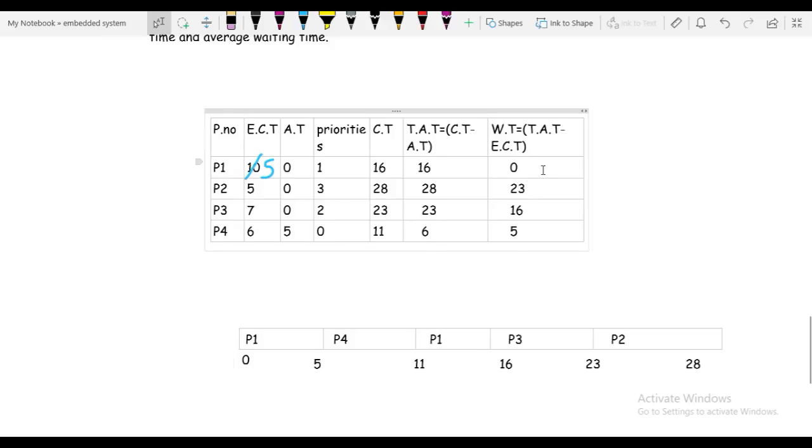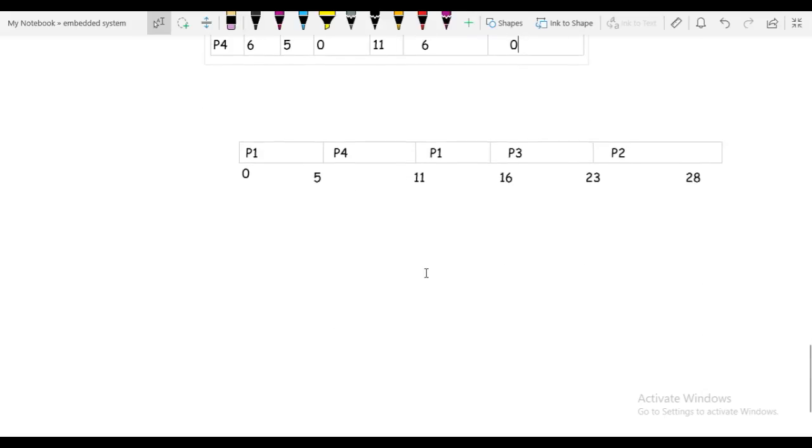Now waiting time would be TAT minus ECT, that is 6 for P1, and 28 minus 5, that is 23, 23 minus 7 would be 16, and this will give you 0. And this is the answer.